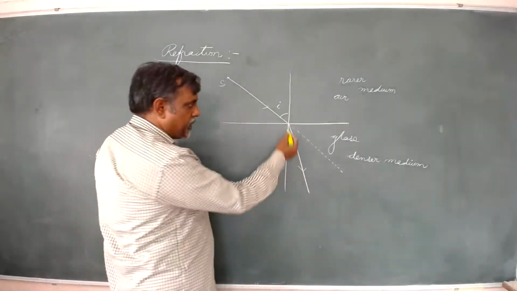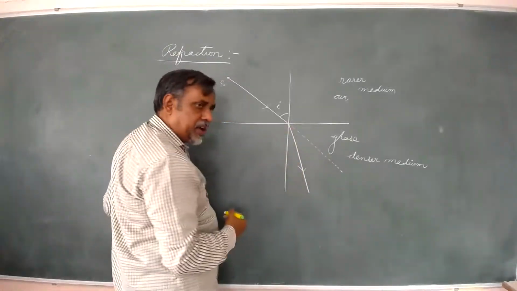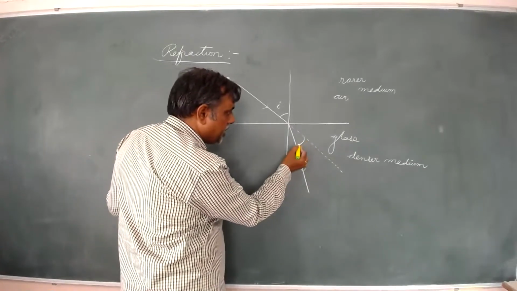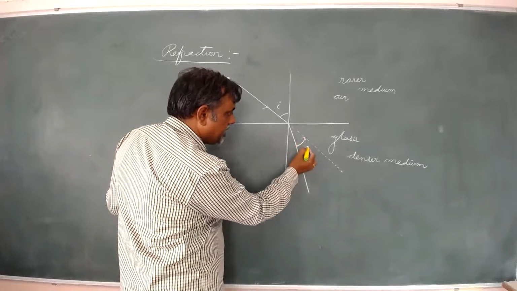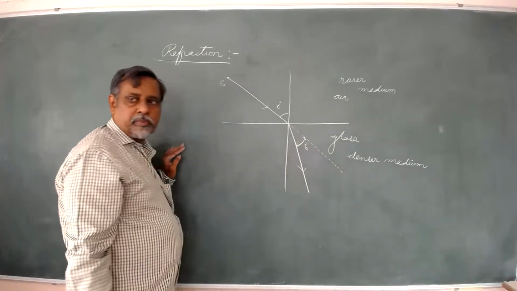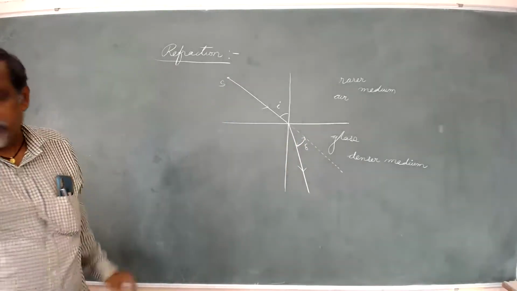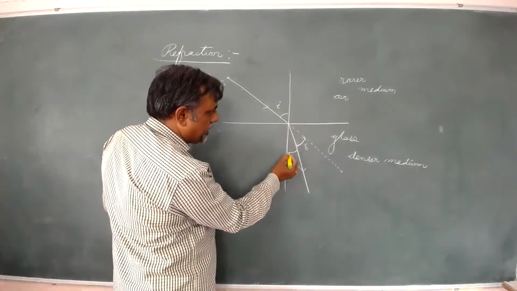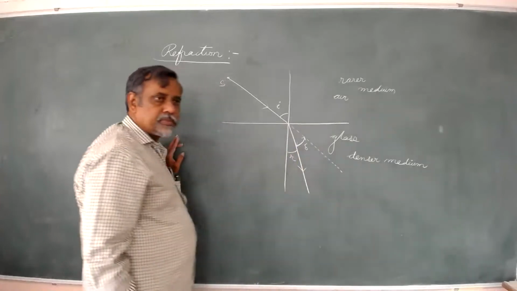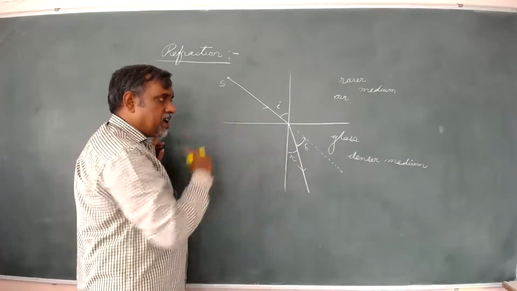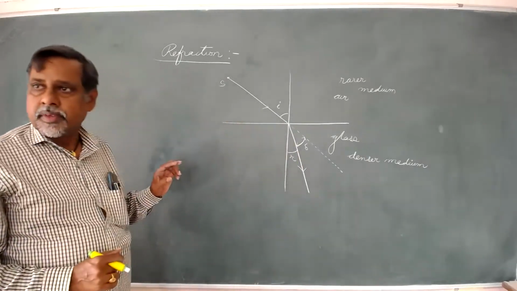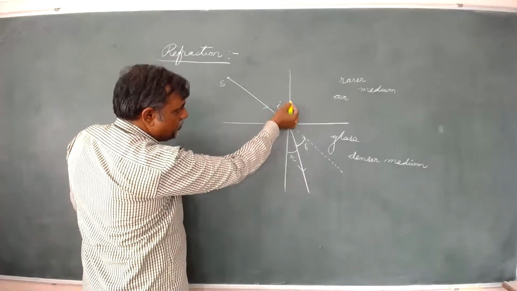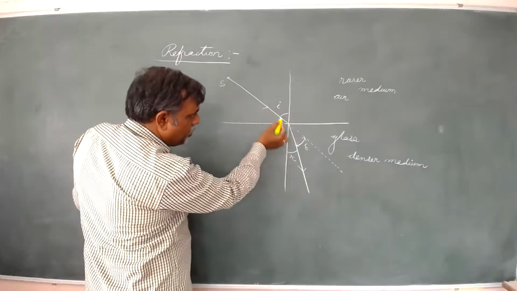So from the usual propagation, the light ray is exhibiting some deviation. This becomes the angle of deviation. The angle between the refracted ray and the normal can be taken as the angle of refraction. Now how do you write the angle of deviation in this particular case? Look at this. This is one line, this becomes one more line.